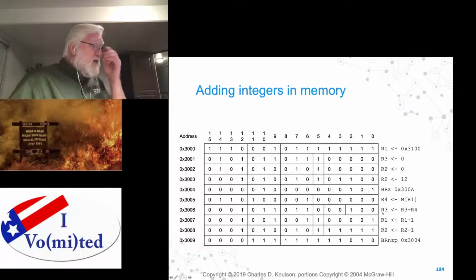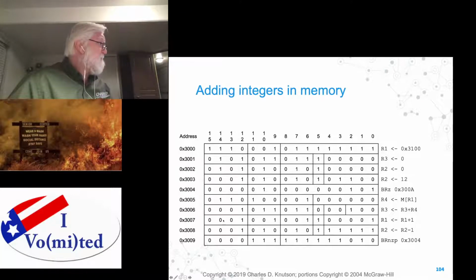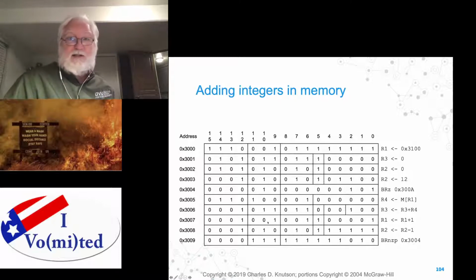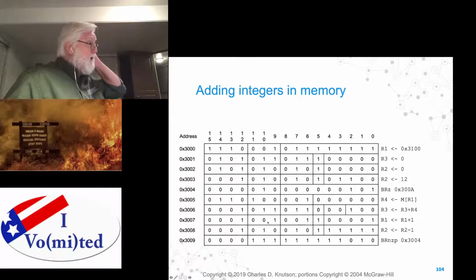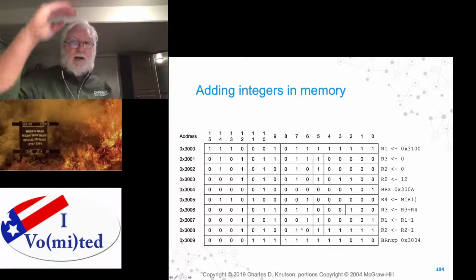Now we got to increment R1, so we're pointing to the next spot in memory. There it is, add. We take R1, immediate value, we add 1, and we put the results back into R1. So that just increments R1. We got to decrement R2, so it's counting down from 12.